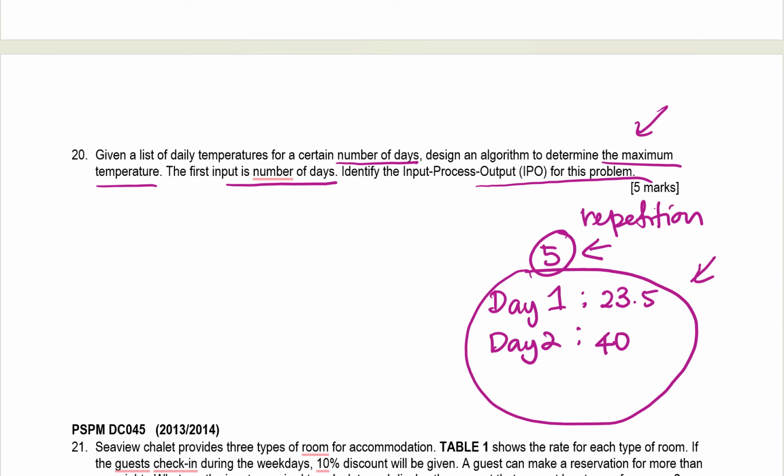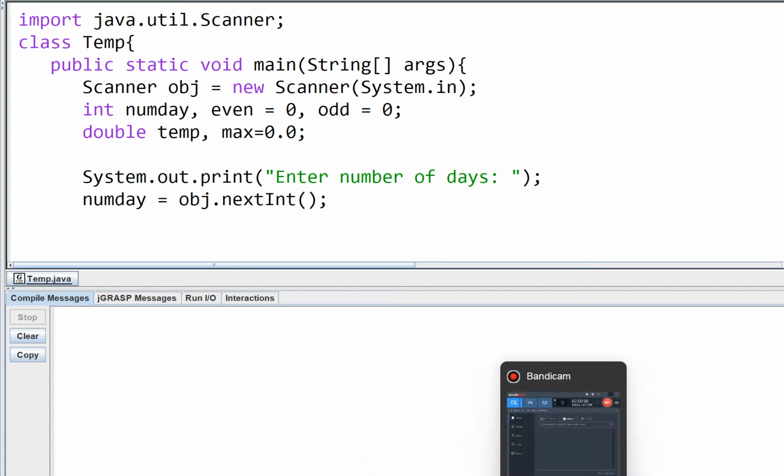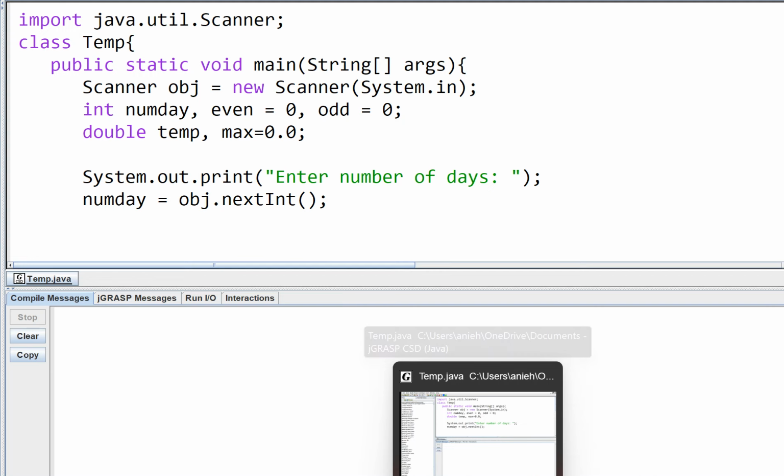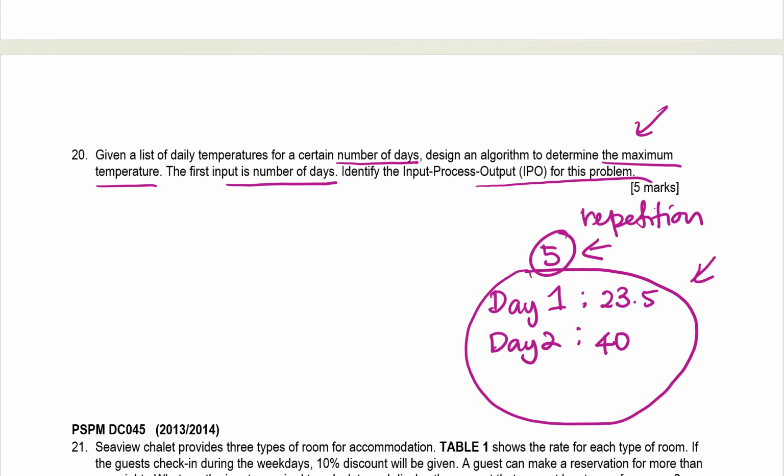Let's have a look at this program. This one is a Java program, based on question number 20. I run the program.